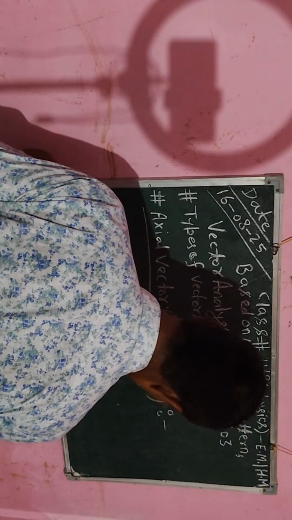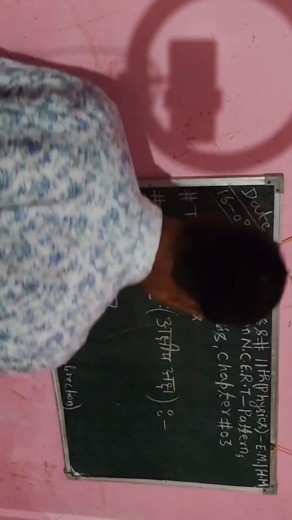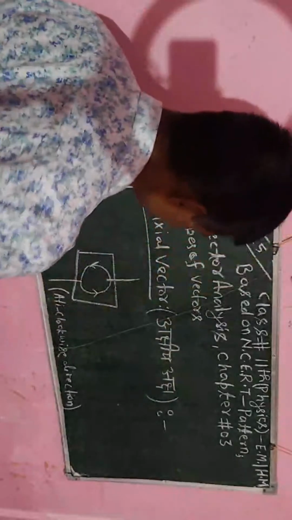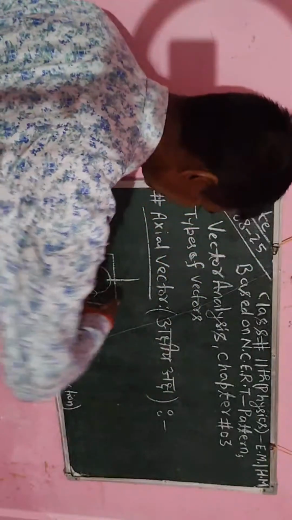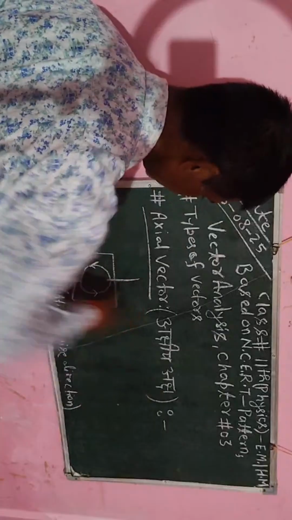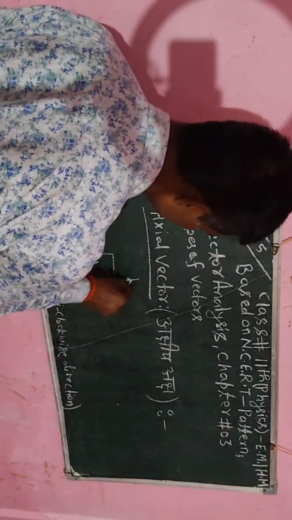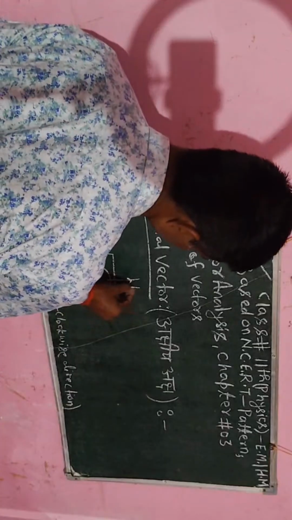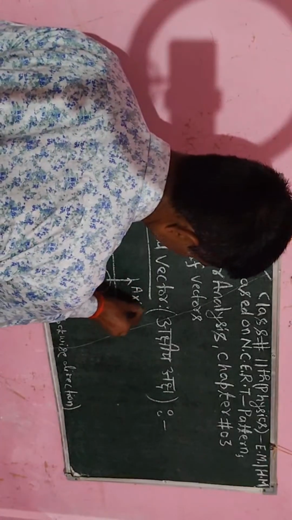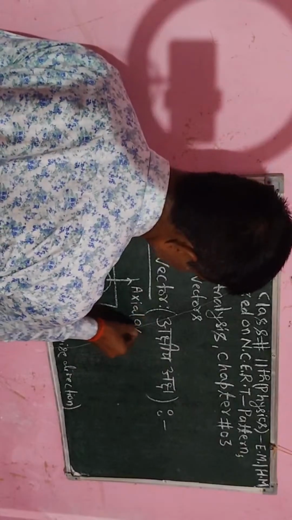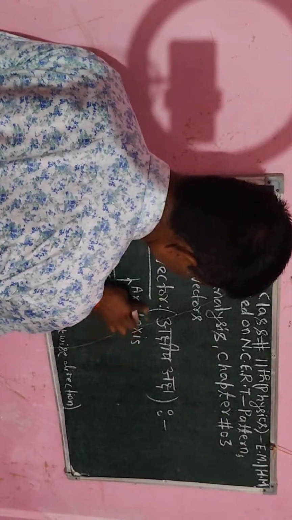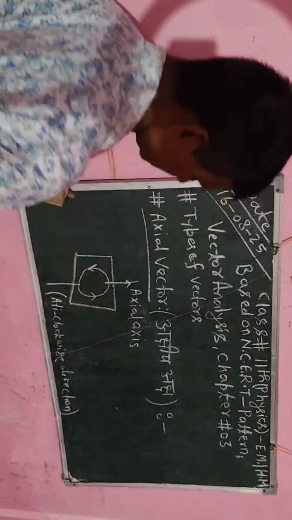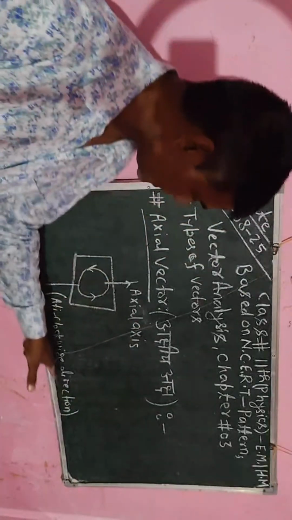So this is the information of axial vector. If any object is moving in the anti-clockwise direction, then I will say this direction is the axial axis. Along this axis, this circle is rotating in the anti-clockwise direction.